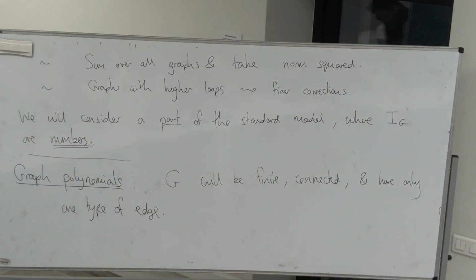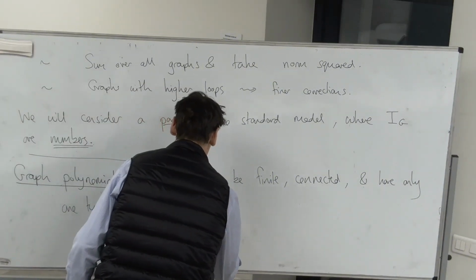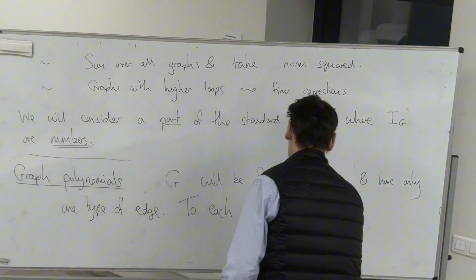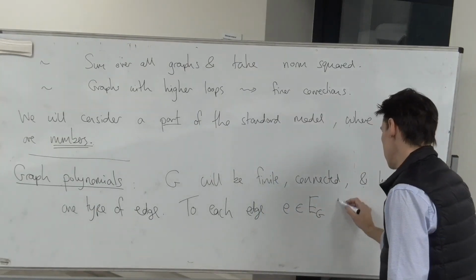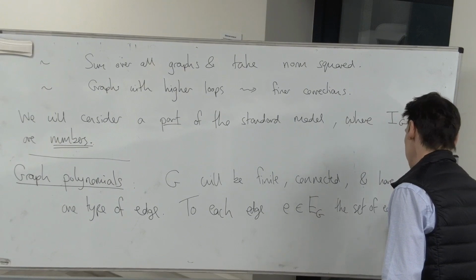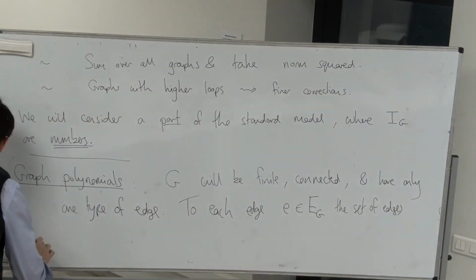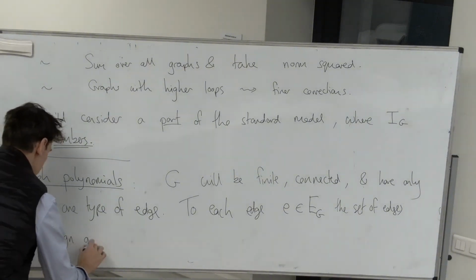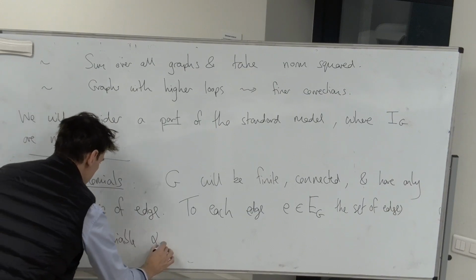So they're just connected graphs. And then to each edge e, where E_G denotes the set of edges, we assign a variable alpha_e.